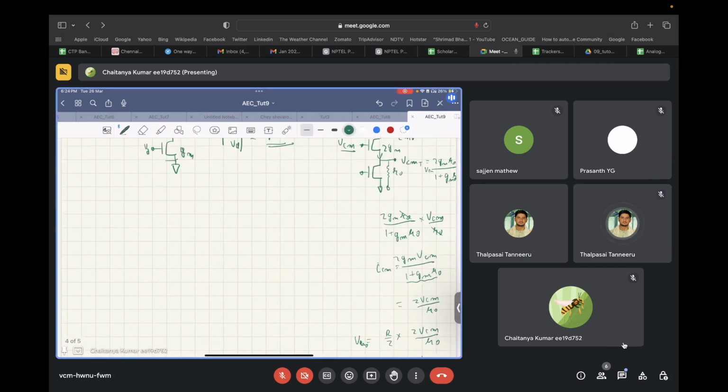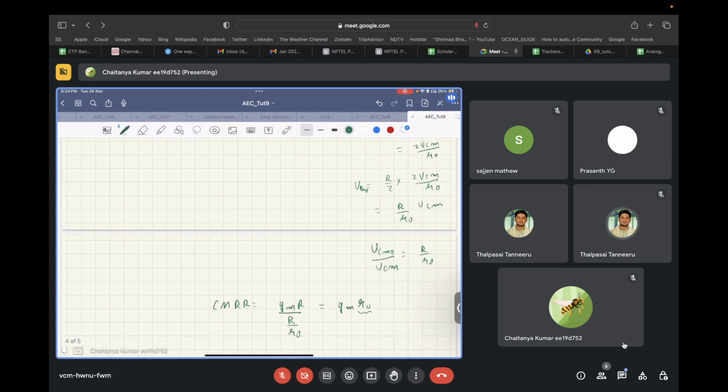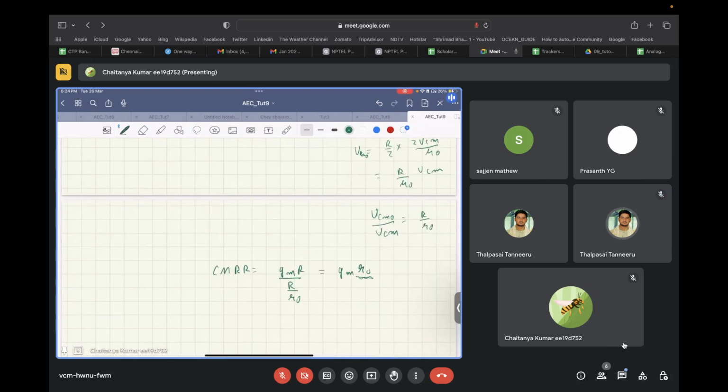Okay. Now let's see. This RO is a device specific quantity, and you can't do much to help it. You can increase its length to some extent, but after that there is not much you can do.